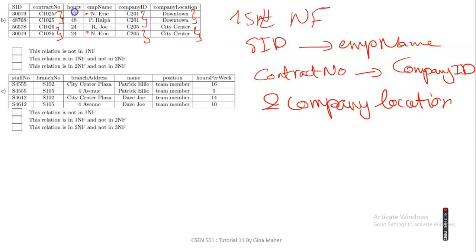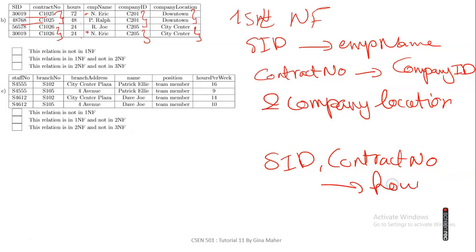Now, in order to deduce the hours, we must use both together. So in this case, the primary key of this relation is the SID and the contract number. Together we'll get the hours.